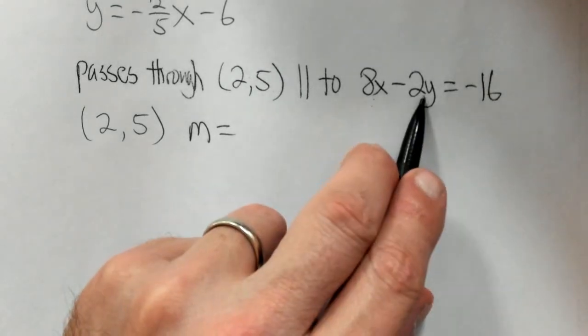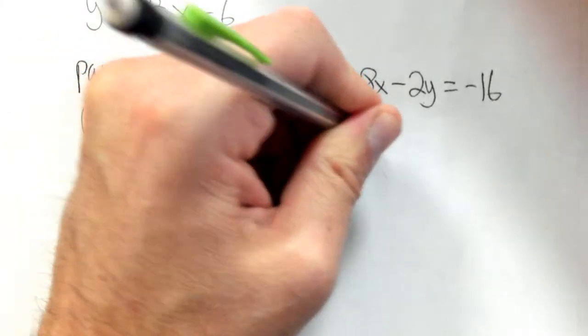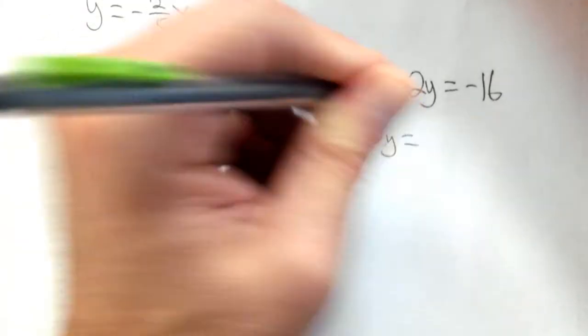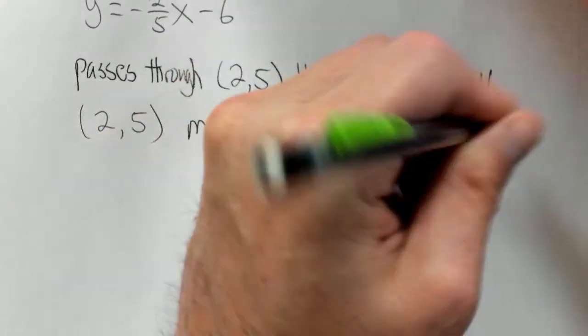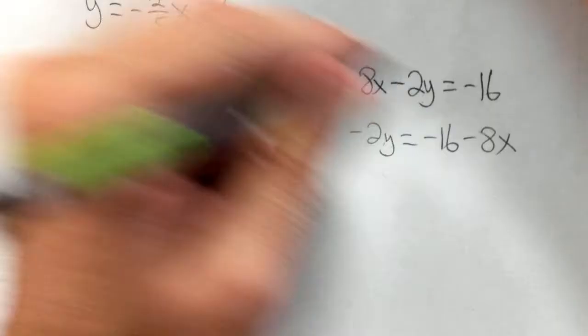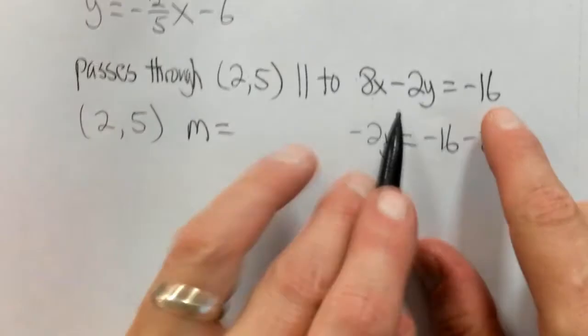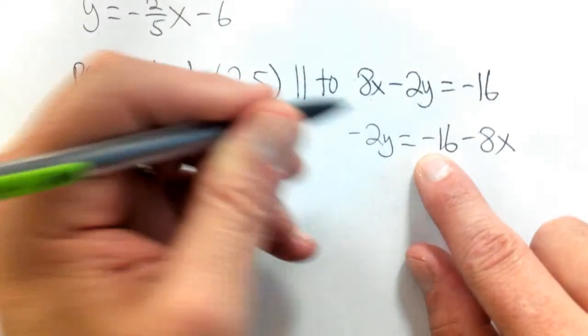So if I want the y term by itself, I'm going to have to move that 8x over. And it's going to become negative 2y equals negative 16, and 8x will change to minus 8x. So if it's plus 8x over here, it's minus 8x over here. Notice the other two terms did not change sign.